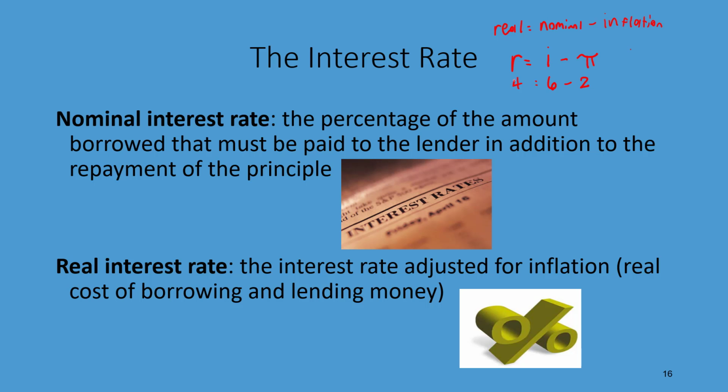But if you had a 2% inflation rate during that time period, then even though you're handing them $106, that $106 could only buy what $104 could have bought a year ago. So you're paying back $106 in money, but you're really only paying back $104 worth of value. So the higher the inflation rate is, the lower that real interest rate is going to be, because you're going to be paying back with dollars that are worth less than the dollars that you borrowed.